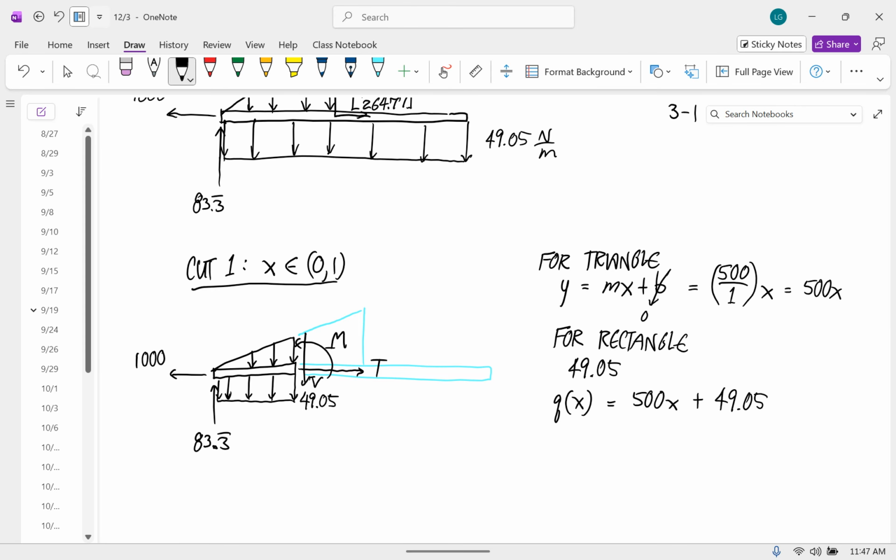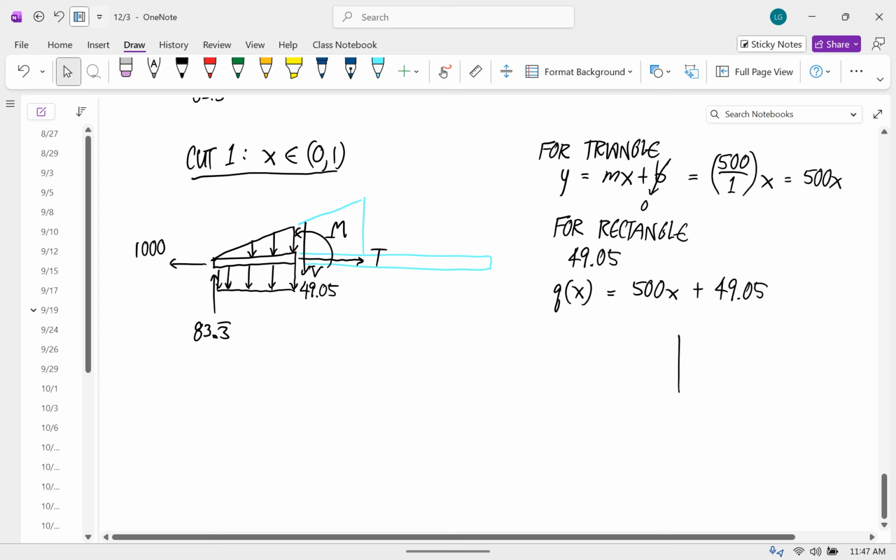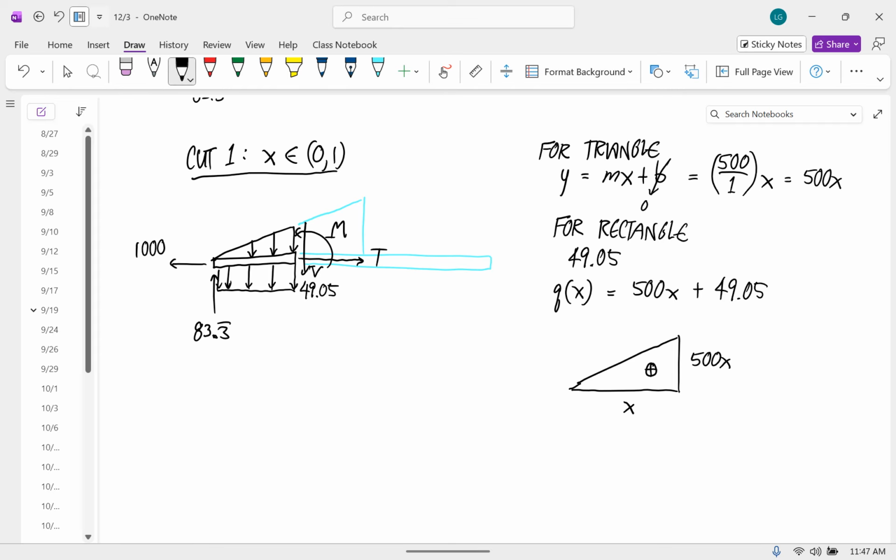And now we want to represent these two distributed loads as point forces. So for the triangle, we have a width of x and a height of 500x. And the centroid for this triangle is 2x over 3.